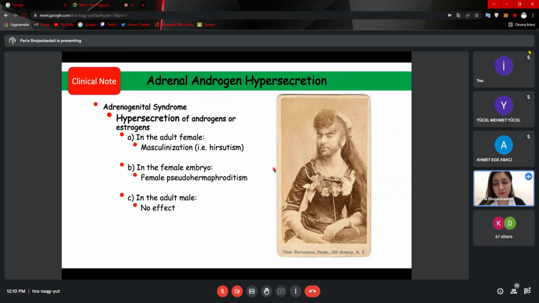This is the condition we can see in polycystic ovary in females. In both conditions, the androgen level in the blood is increased, and you can see hirsutism. In the female embryo, an increase in the androgen level of the blood makes a female pseudo-hermaphrodite, and in adult males, it has no effect because they normally have a high level of androgen.